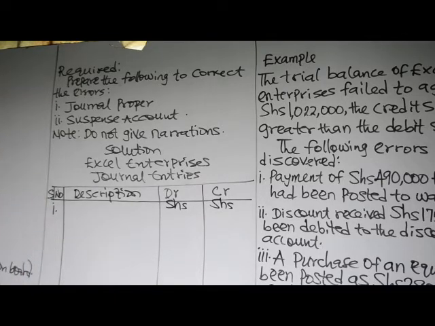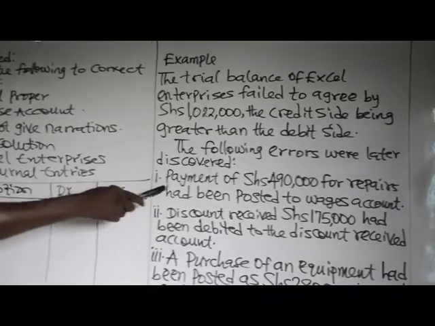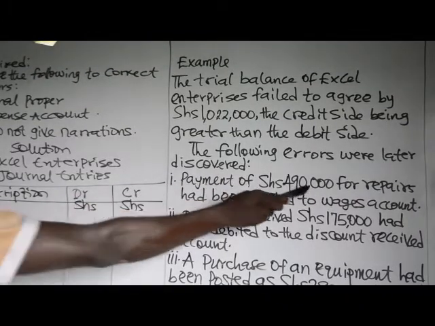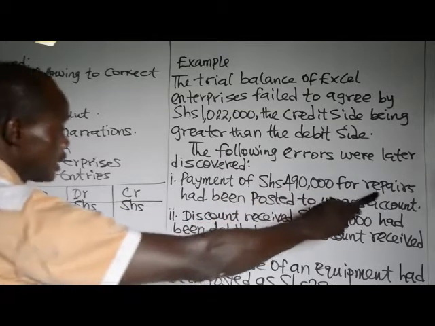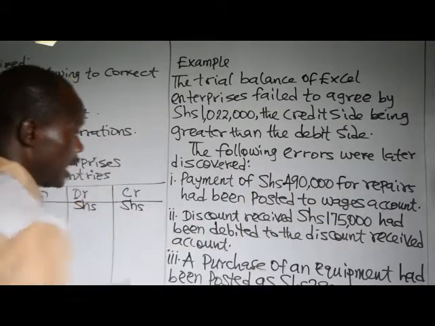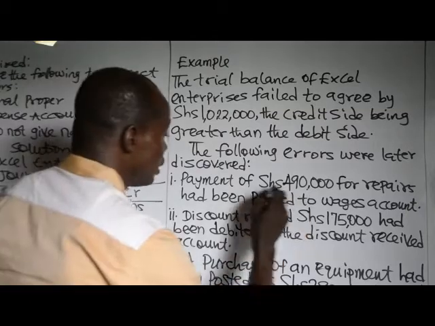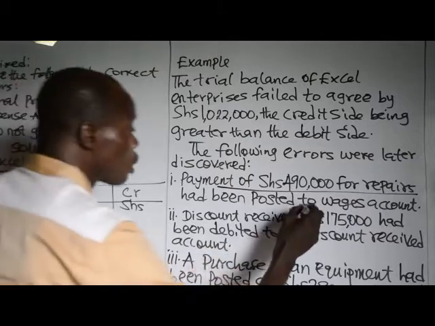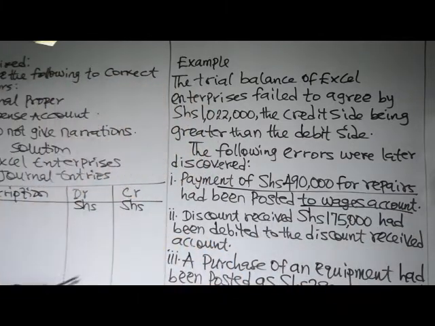Now let's start with note 1. We were told that payment of 490,000 shillings for repairs had been posted to wages account. Now, there was a payment for repairs, and this payment was wrongly posted to wages account.